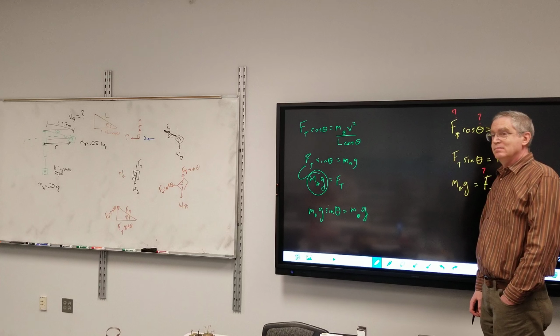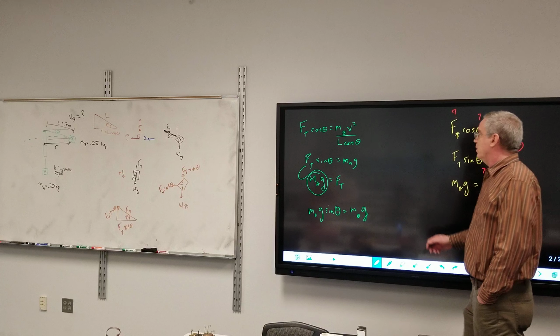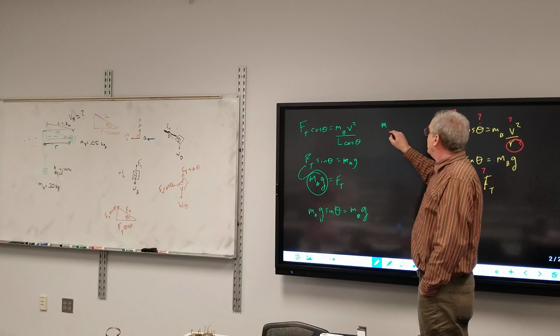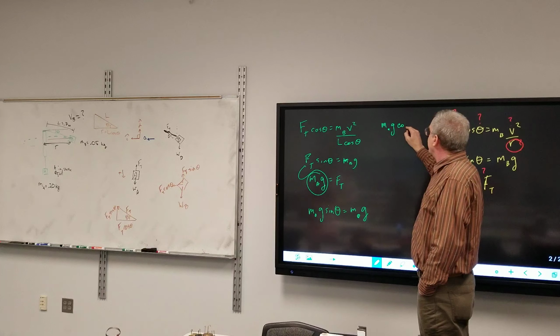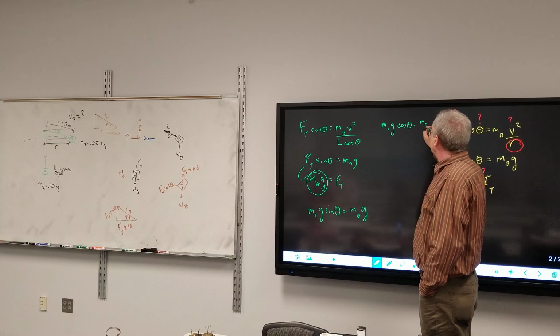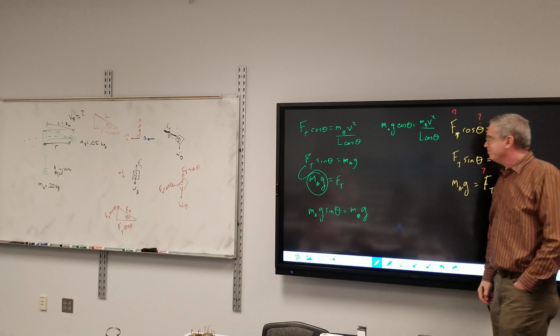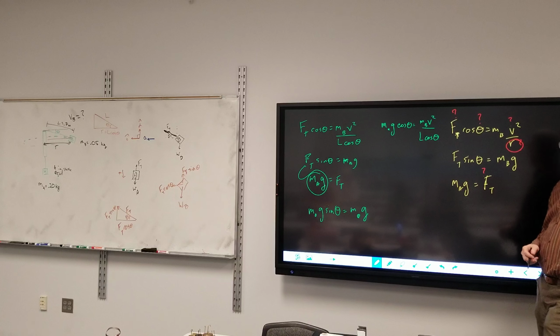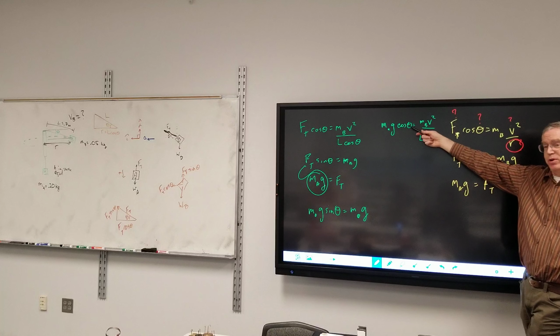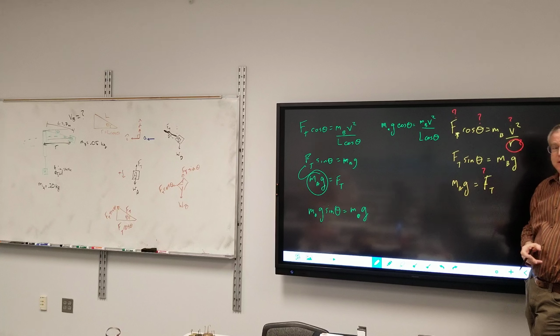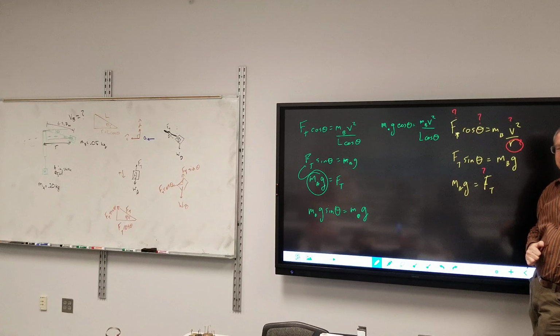I would say you could also put it into the first equation. Mag cosine theta is equal to mb v squared over L cosine theta. It's lovely having a cosine theta in the numerator over there and in the denominator over here. Would you cancel those two out?